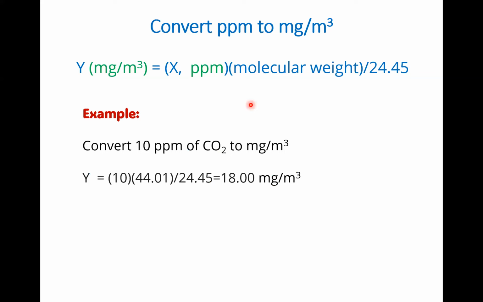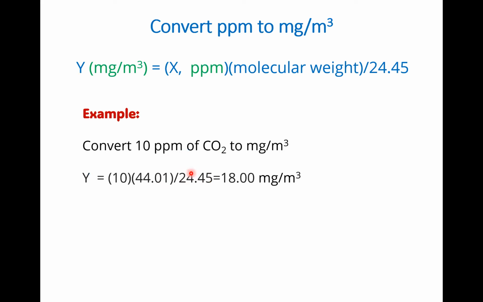This is very simple again, but sometimes it's confusing for some students. For example, if we need to convert 10 ppm of carbon dioxide to milligram per cubic meter, we know that the molecular weight of carbon dioxide is 44.01. Again, the molar volume is constant in this case.